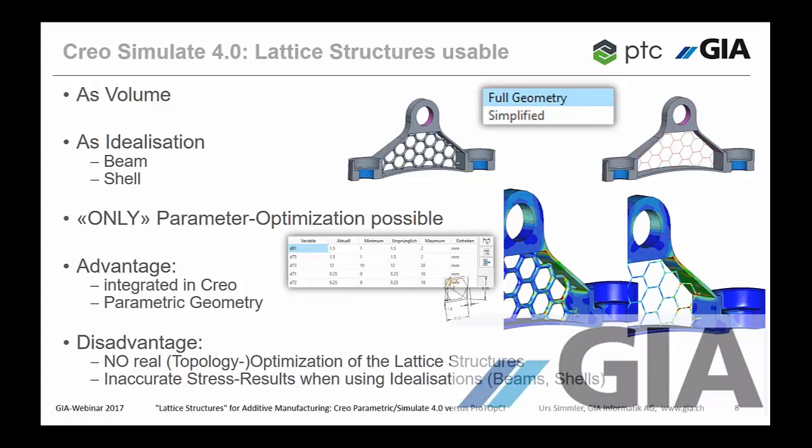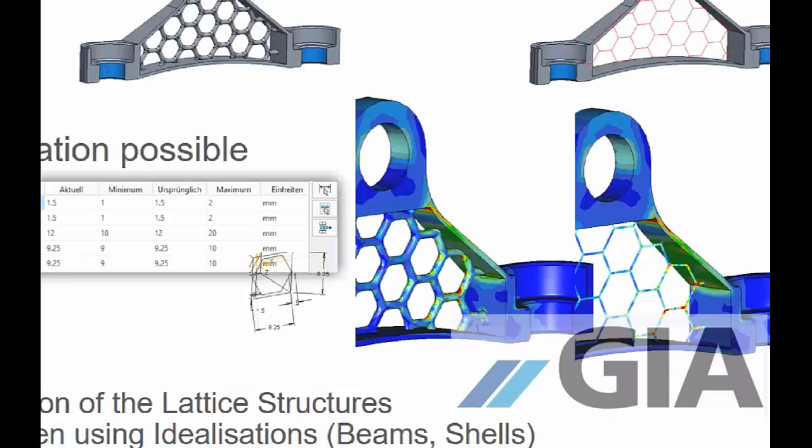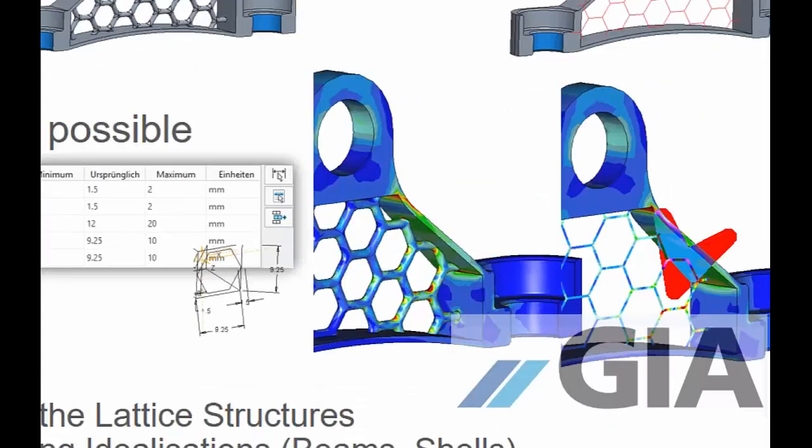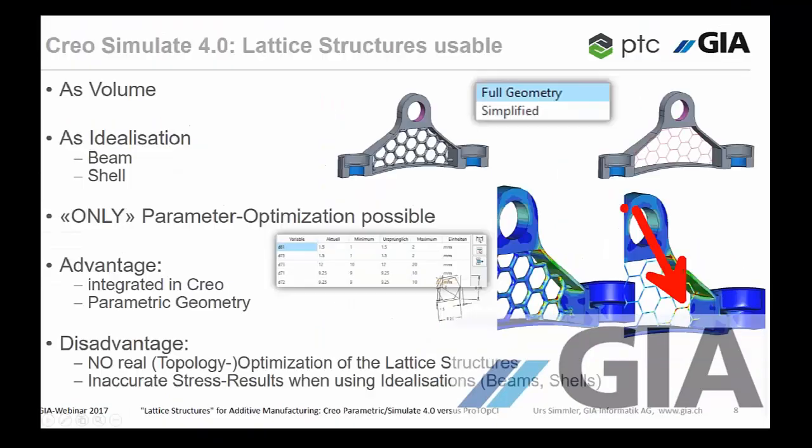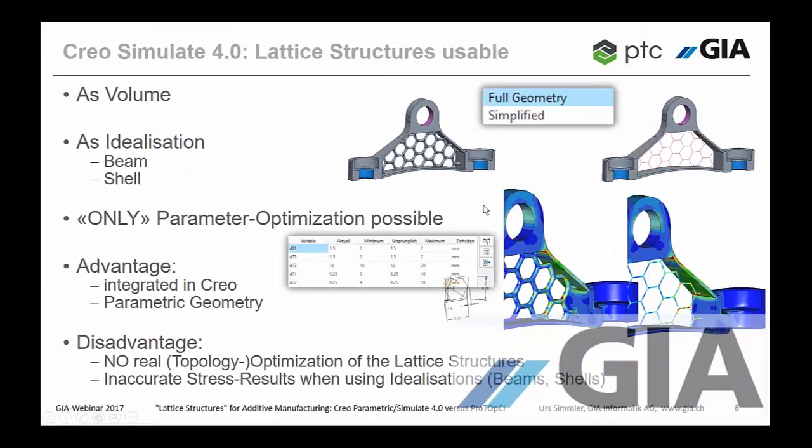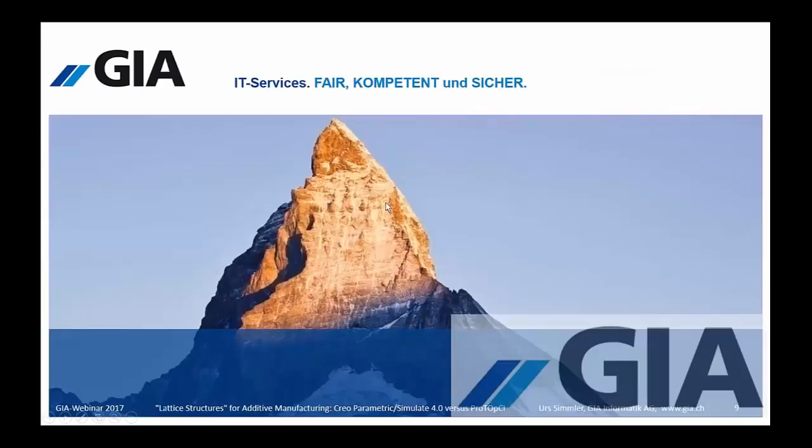And as I told before, in that region we will not get realistic, or nice, stress behavior. Okay, these are the capabilities only available in Creo 4.0, and we need a special license for that to create it. And of course, to analyze it, we need an additional Creo Simulate license.